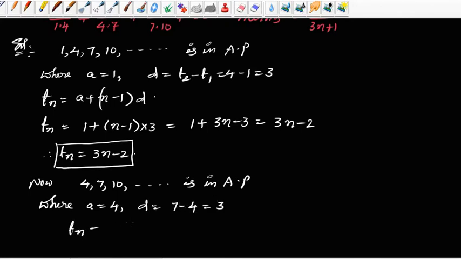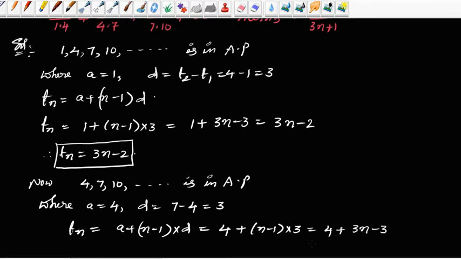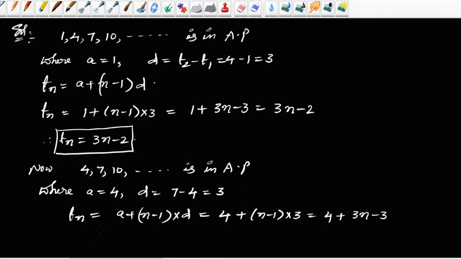Now the general term Tn is equal to A plus n minus 1 into D. Substituting the values, 4 plus n minus 1 into 3, that is 4 plus 3n minus 3. Simplifying, Tn is equal to 3n plus 1.